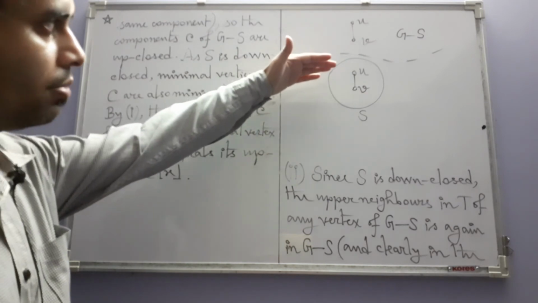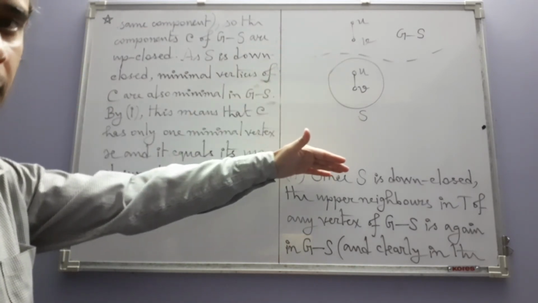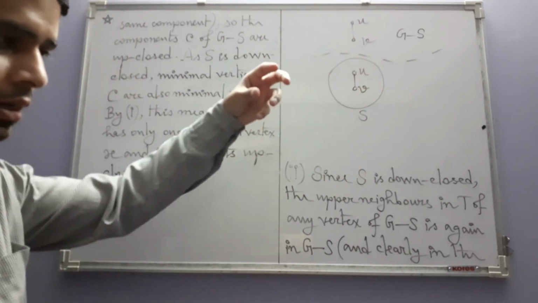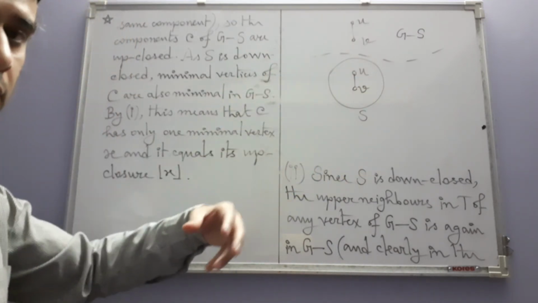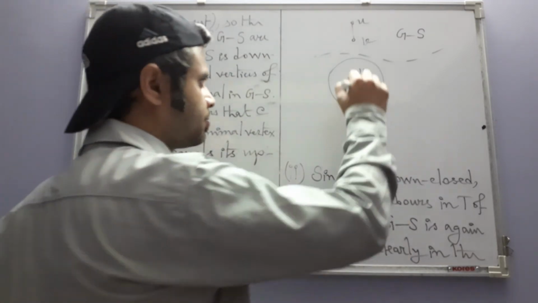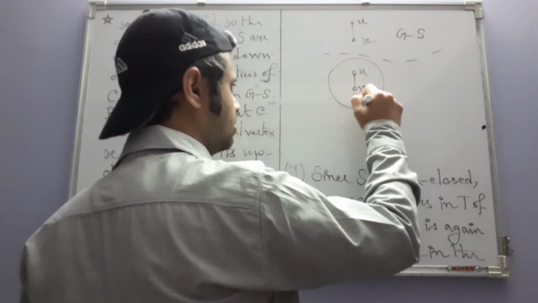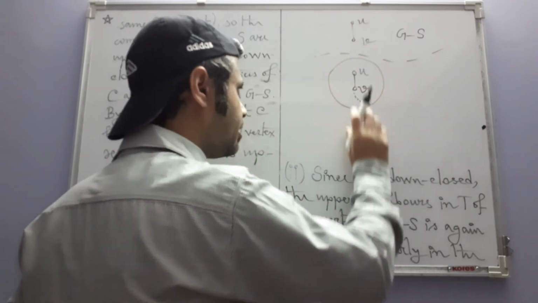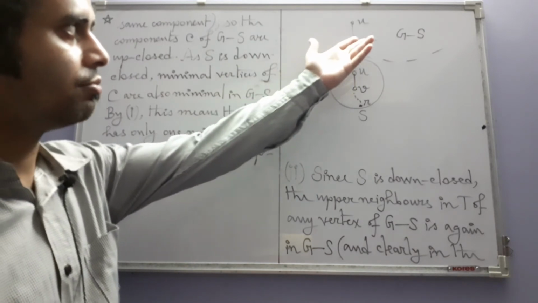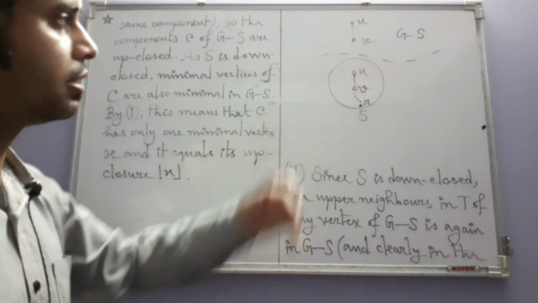Anything that comes below any element in S also is in S. That entire chain, do you remember? Totally ordered subset up to the root. That entire thing is in S. So that would contradict the choice of V as a vertex in G minus S.